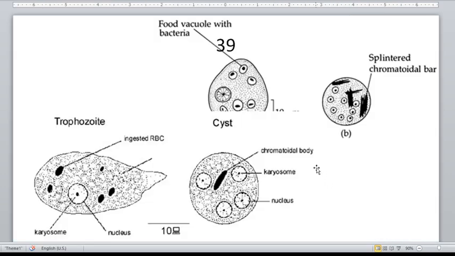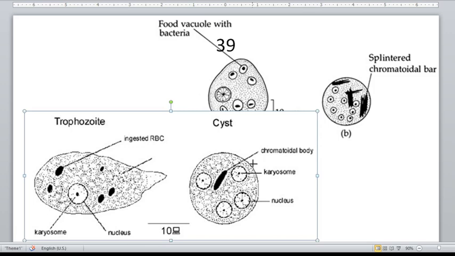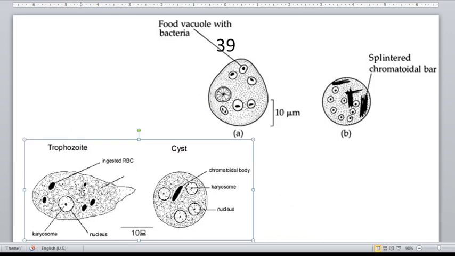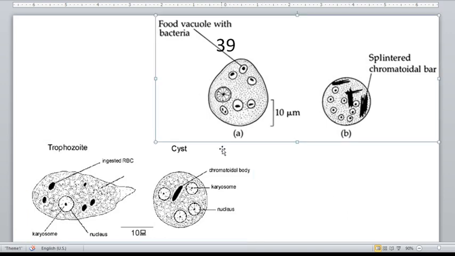Okay, so we have here the morphology or images of the Entamoeba histolytica and the Entamoeba coli. The Entamoeba coli are larger. Okay, so we have five, guys. We have five points of differentiation. First, we differentiate them based on size.